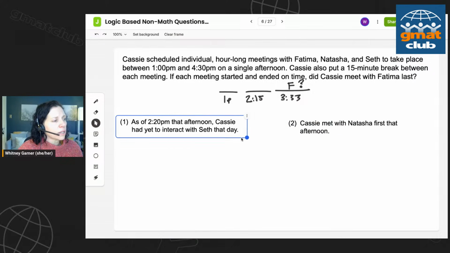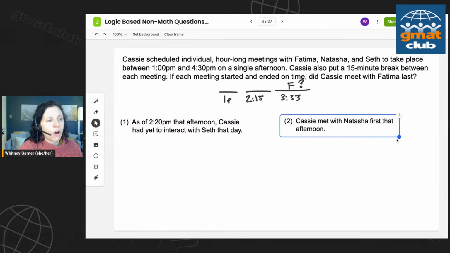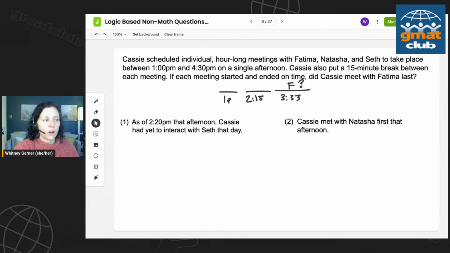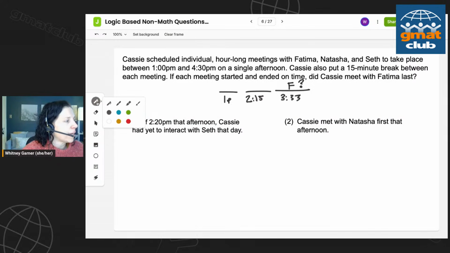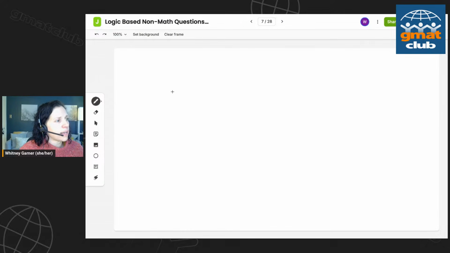Now, we have a method at MPrep that we call the T diagram or the T chart. The generic form of this is going to look as follows.